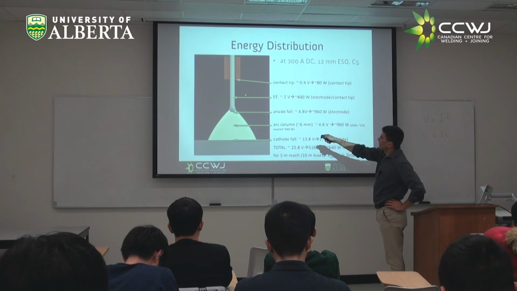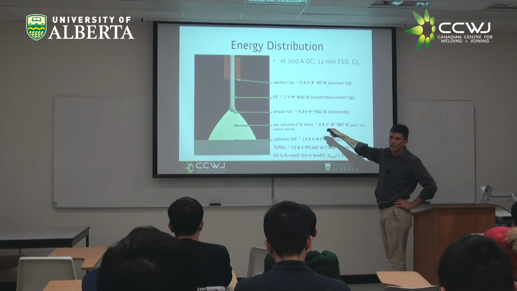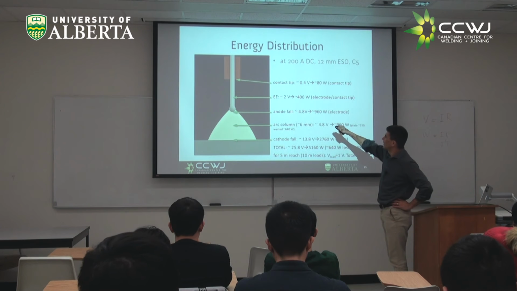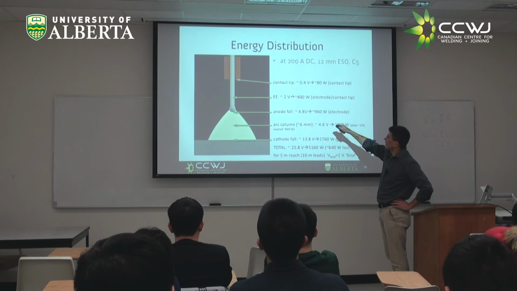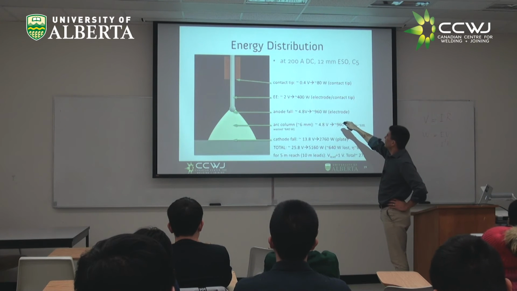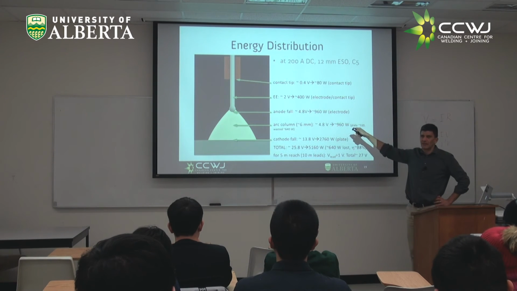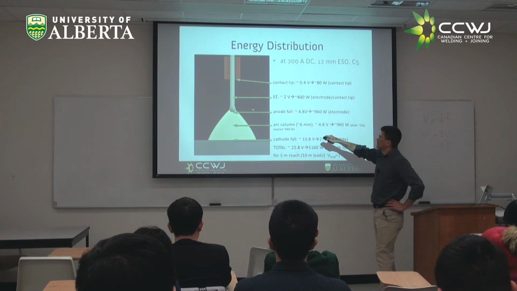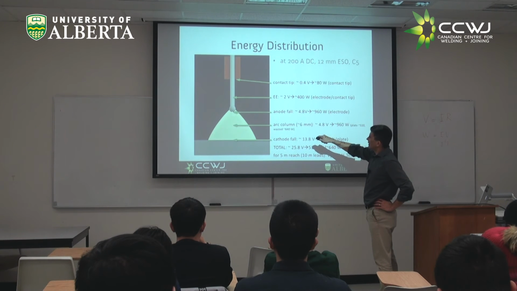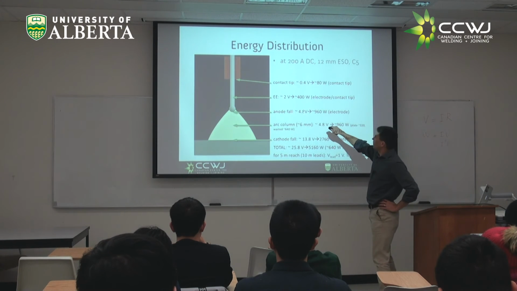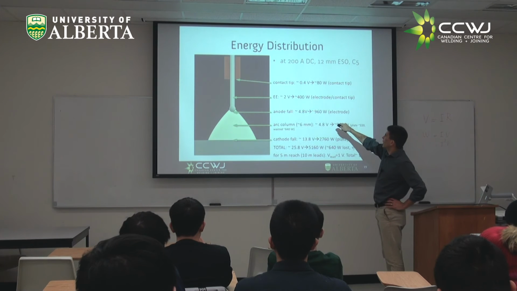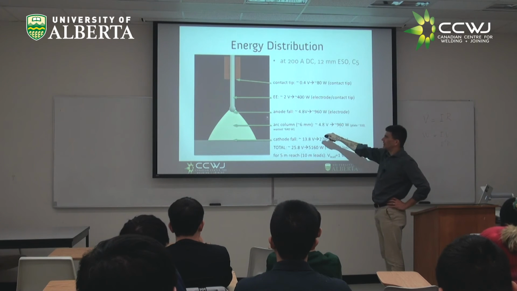The electrode stick out, let's call it more or less 2 volts. We can go fancier if we want, but it's more or less that based on the suggestion I gave you. And that would give us 400 watts. Right at the anode, we have anode fall, 4.8 volts, times the 200 amps, almost a kilowatt.